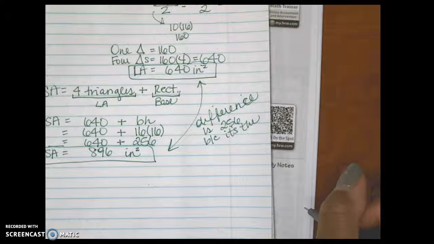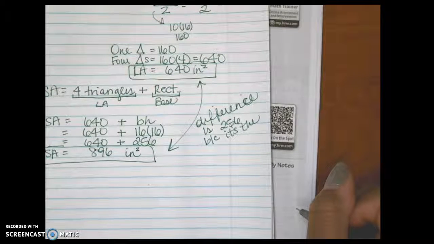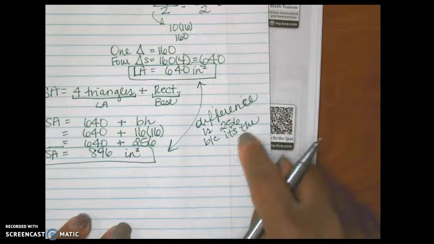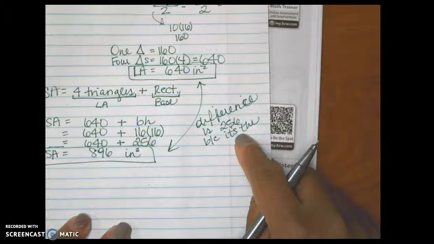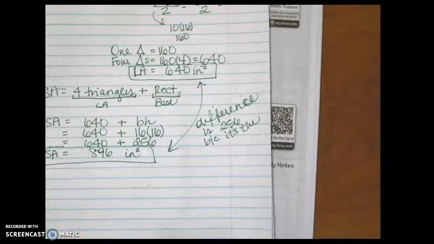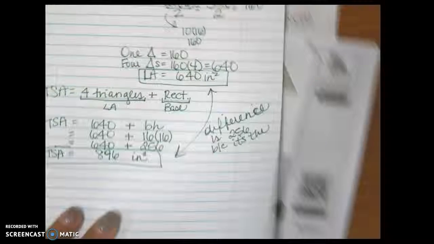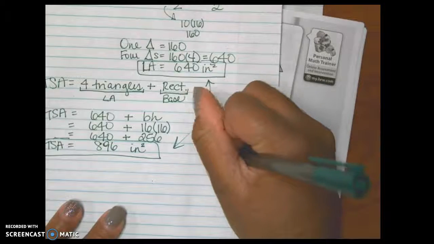I wrote the reason down at the very beginning in your notes on page 329. Because the difference between LA and TSA is the area of the base. The area of the base. Thank you.